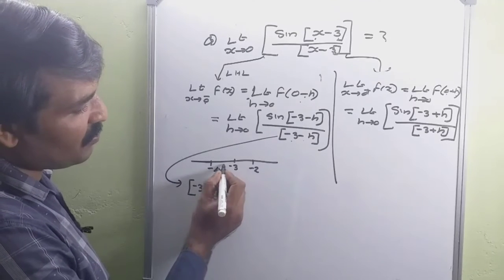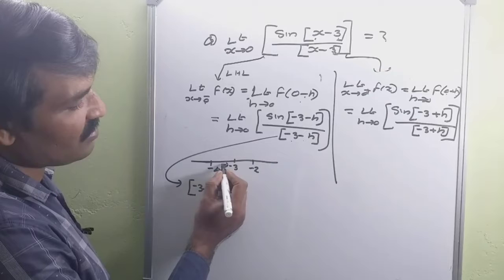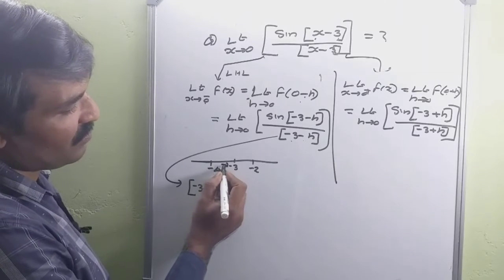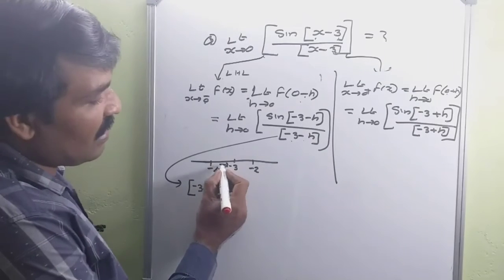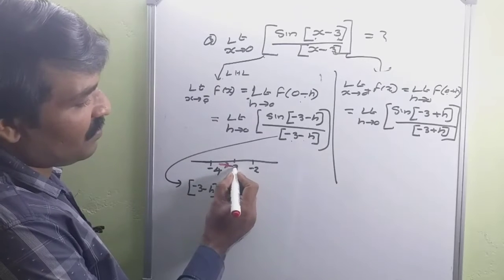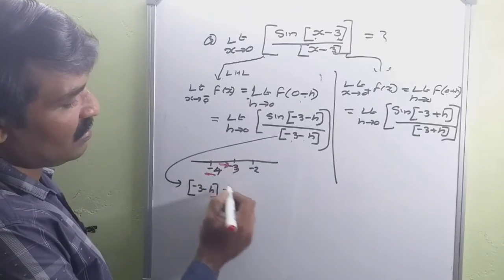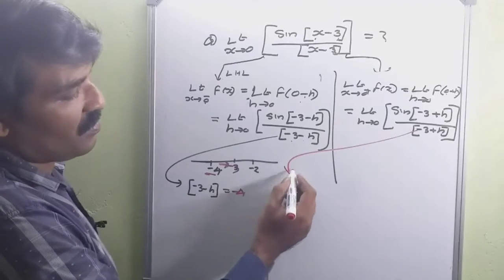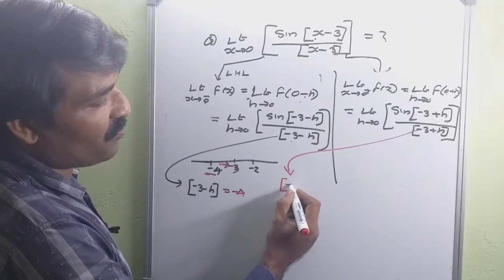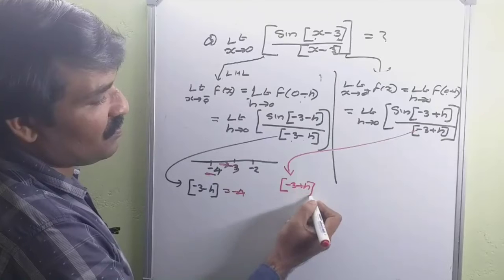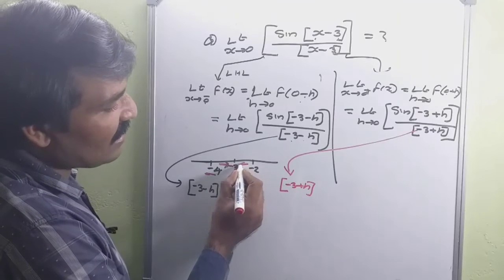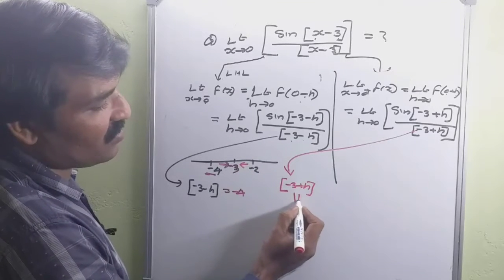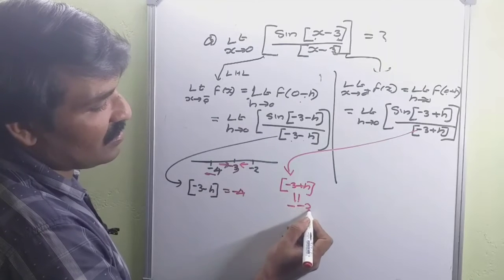That is approaching from the left side of minus 3. So this value is equal to minus 4. And for greatest integer of minus 3 plus h, we are now approaching from the right side of minus 3. So the greatest integer function value is equal to minus 3.